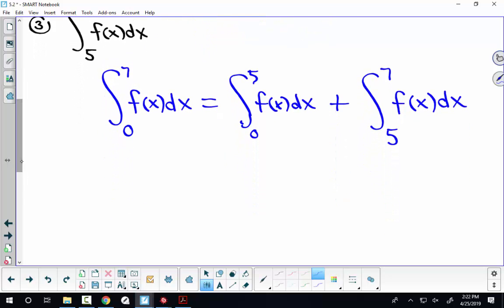I think that's pretty true. We're given this area here as negative 10. We're given the area from 0 to 5 is 3. And then we're solving for our unknown.